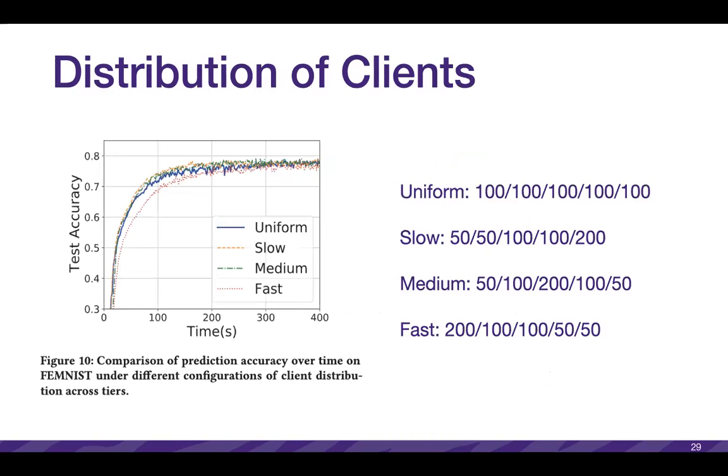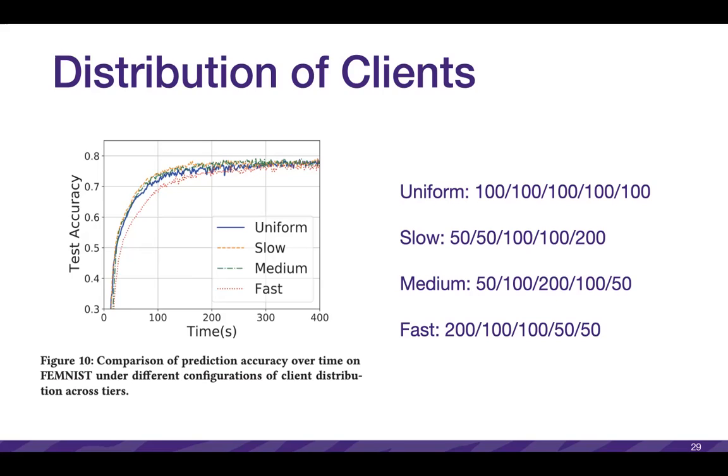And the last experiment is the distribution of client numbers in different tiers. Here they use 4 distributions, and for the uniform, all of the tiers have the same number of clients. And for the slow distribution, you can see there are 200 clients in tier 5.